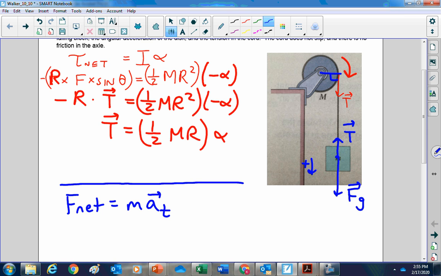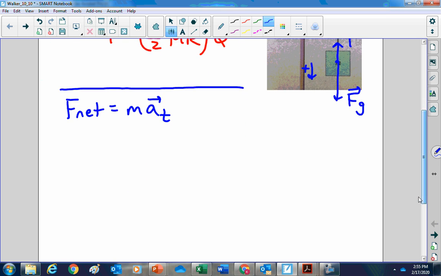Since I'm picking down as positive, Fg is the positive one, plus negative tension, equals mass times the downward acceleration of that little m.